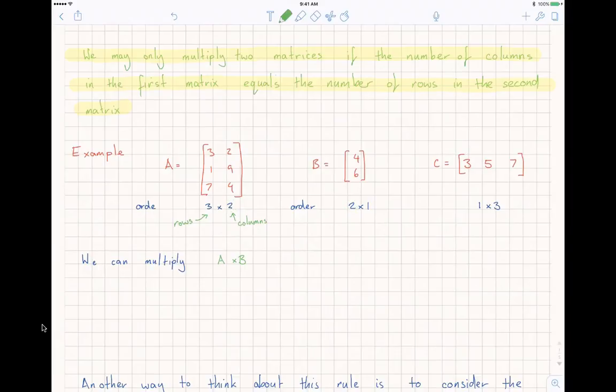We can also multiply C by A because C, being the first matrix, has 3 columns and A has 3 rows. So those two can be multiplied.